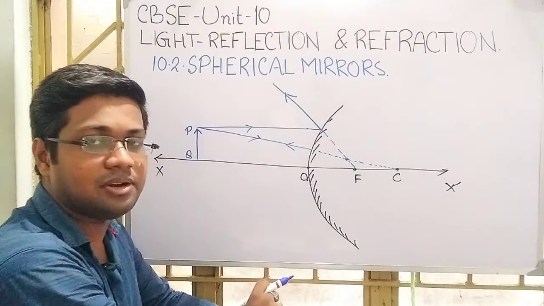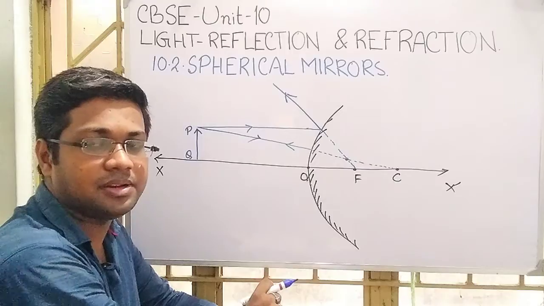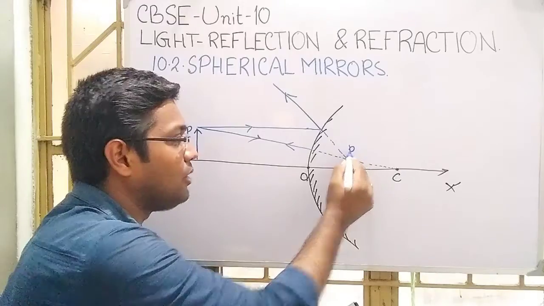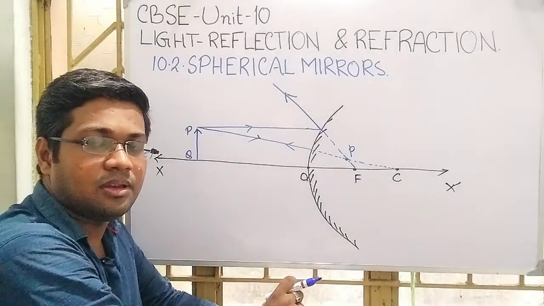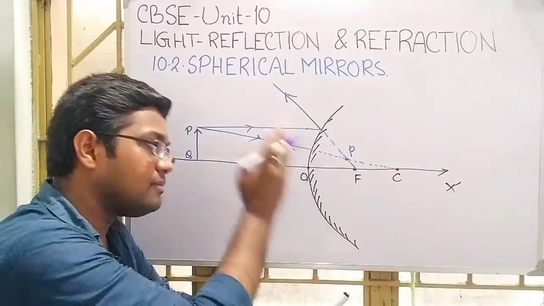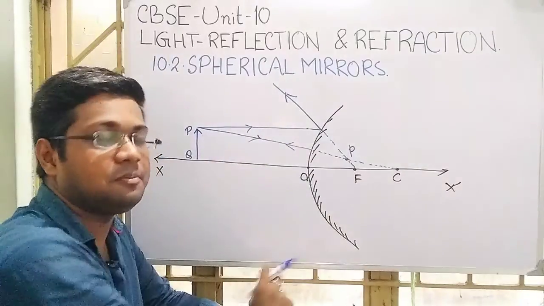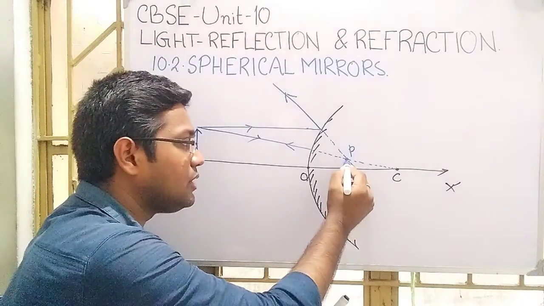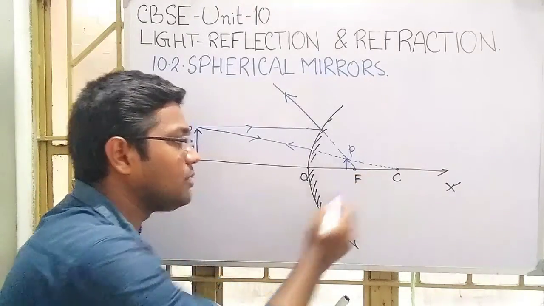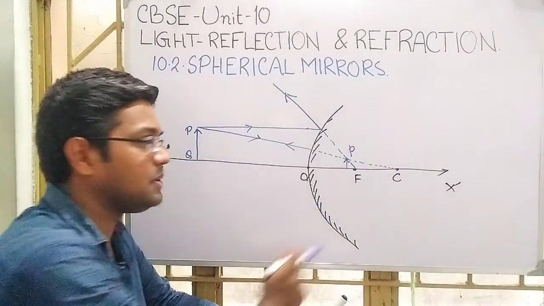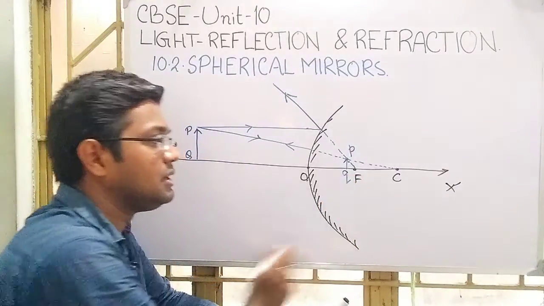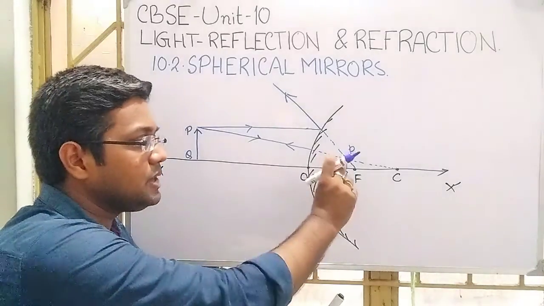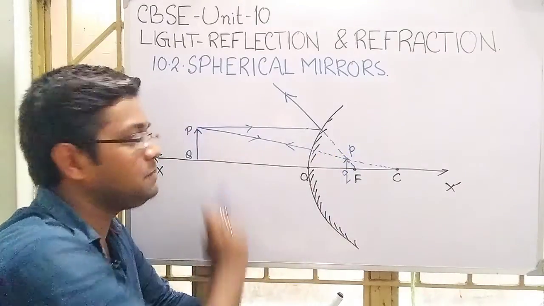The rays are not actually meeting, but the extensions of the reflected rays meet here, and this point is called small p, where small p is the virtual image of capital P. If I draw a perpendicular from small p to the principal axis, it will intersect at the point small q. So small pq is the image of capital PQ.